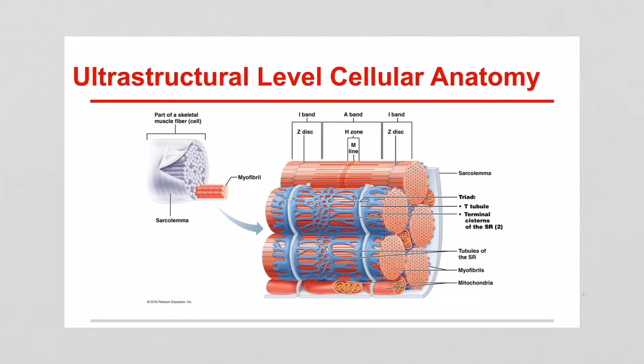The T-tubule is surrounded by this region right here, which is actually part of the endoplasmic reticulum. And in a muscle cell, the endoplasmic reticulum is called sarcoplasmic reticulum. It forms this blue network that you see surrounding the myofibrils. At the edges of the blue network, along the T-tubules, you see it gets wider, and those regions are called the terminal cisternae.